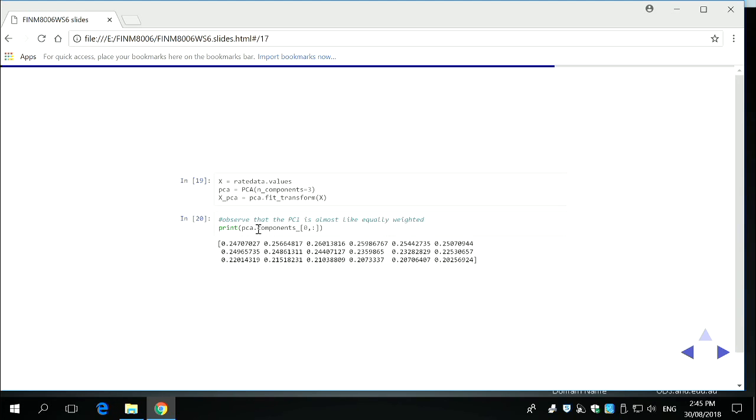So this is components 0, which means the first eigenvector. What can you observe? They are all like 0 to something, right?